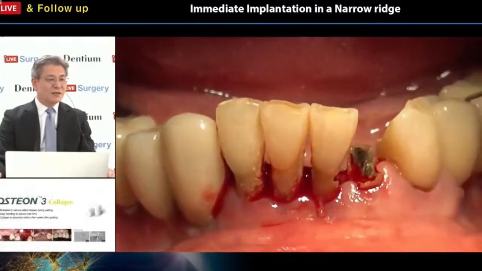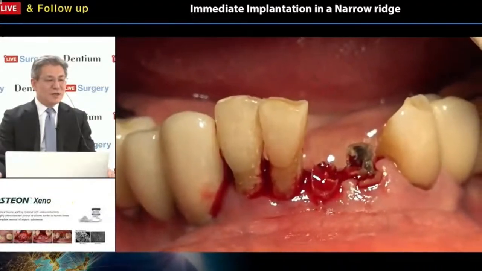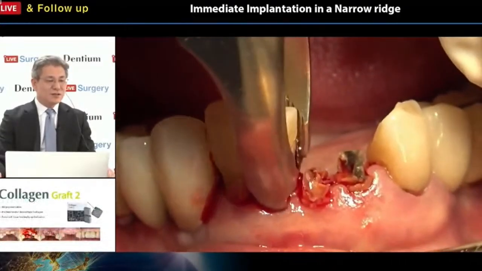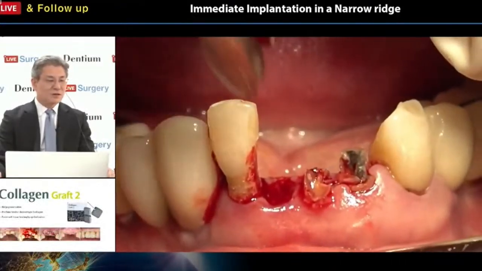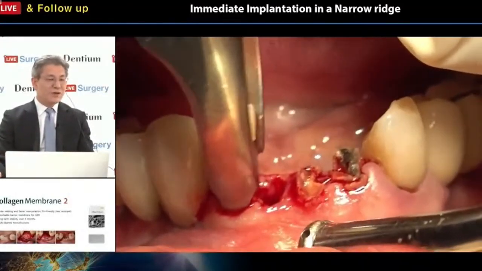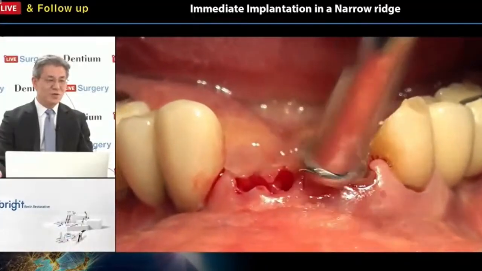And also in this sort of case, immediate implantation will be possible because of the horizontally reduced ridge areas. It is possible to have immediate implantation, especially in the lower anterior area.